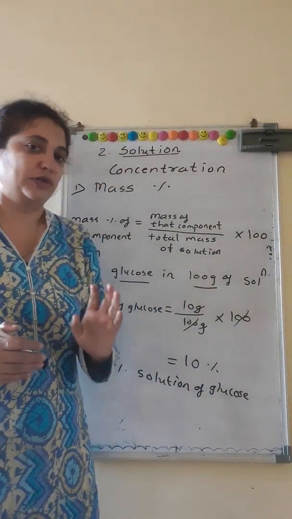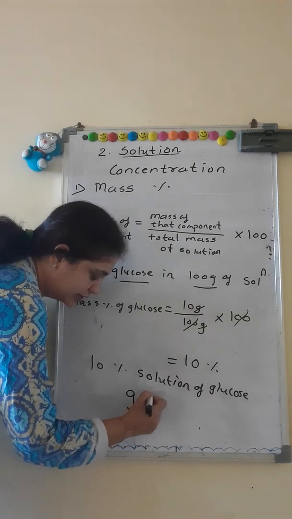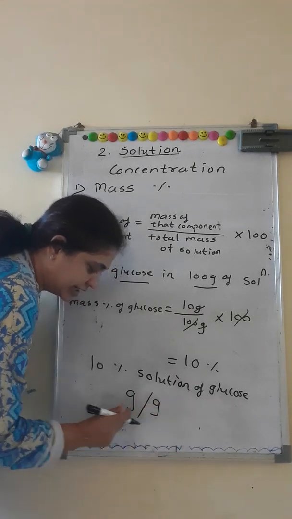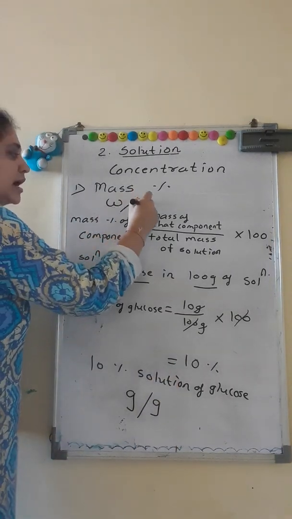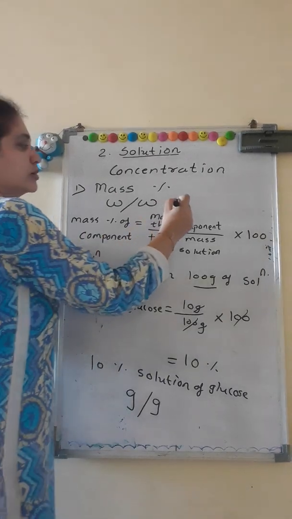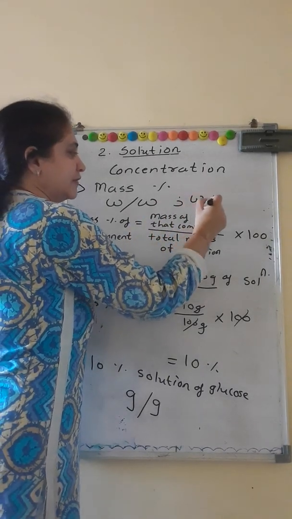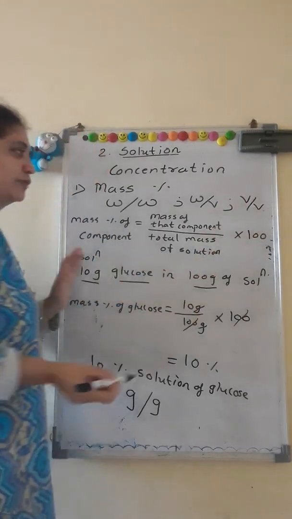Okay, so today we'll stop with this. And one more thing, this particular type is expressed in grams and grams. So this percent is also called W by W, weight upon weight. We can also express mass percent as weight upon volume or volume upon volume.